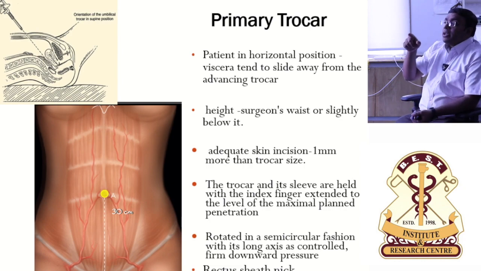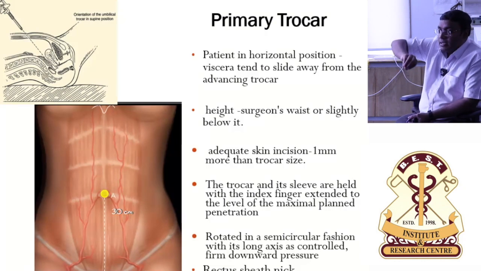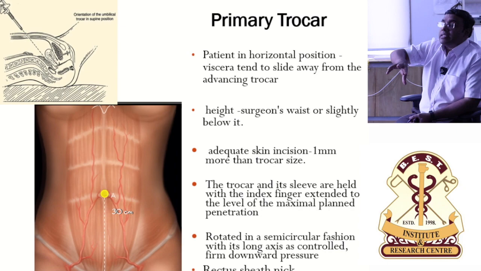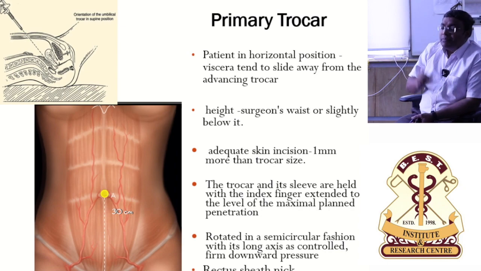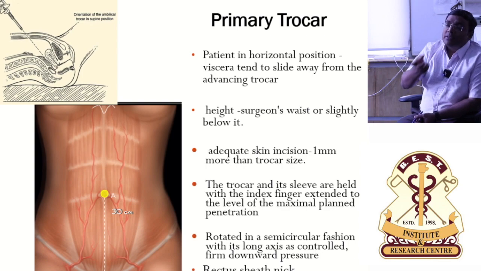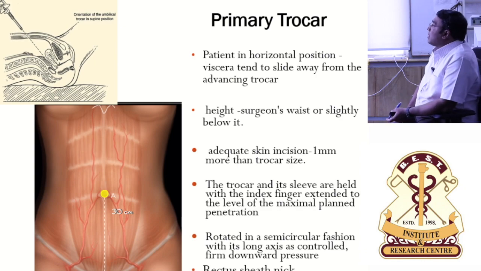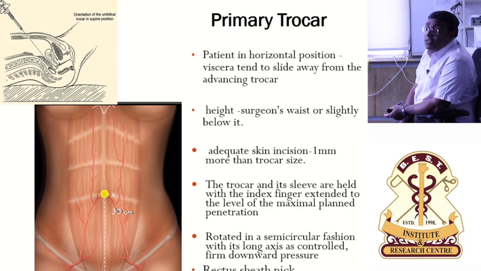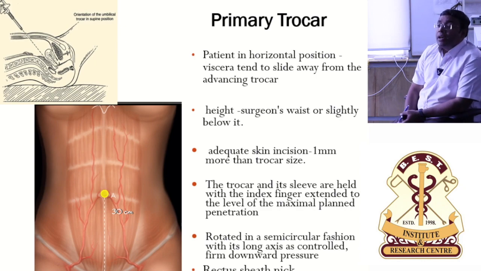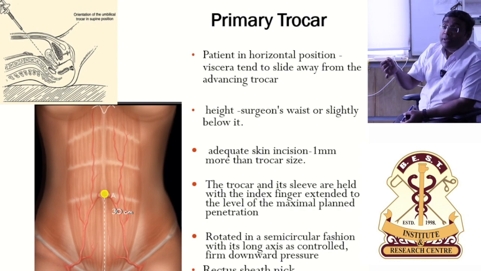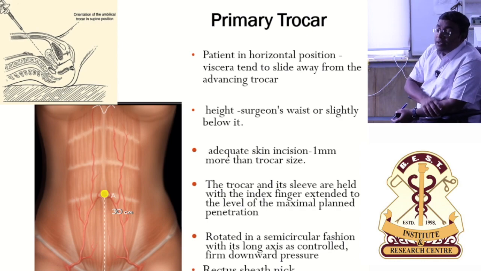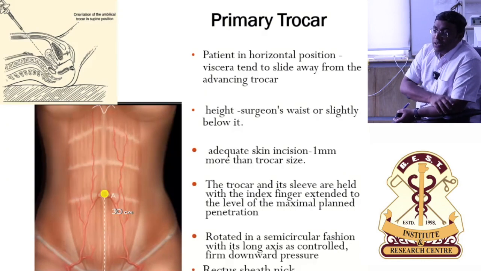If it's a conical tip, it's mainly suppression of the muscles that is happening, whereas with the pyramidal tip, a little portion of the fibers are cut and a little bit is by the pressure, which will help you to enter. So you should know your trocar, whether it is sharp or blunt, whether it's an optical trocar, or a trocar with a blade in the middle, what type of trocar it is. Based on that you will have to use your pressure.